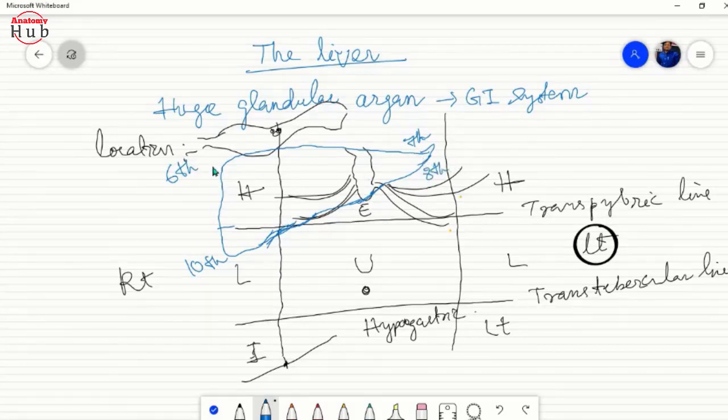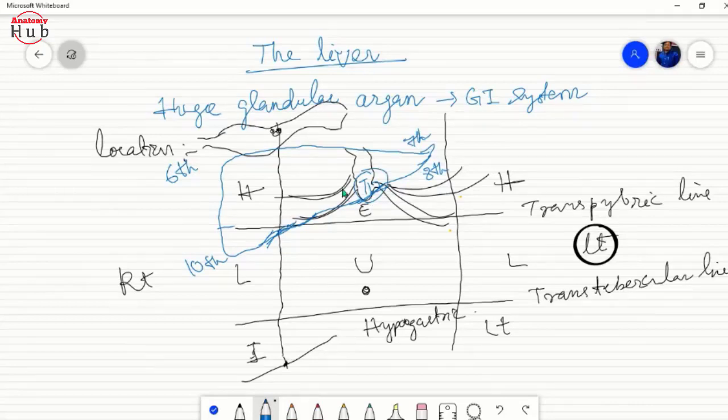The mid part, between the right and left, whatever is present here at the epigastric region, is just behind the xiphoid process, at the level of T12. This is the T12 region, right.